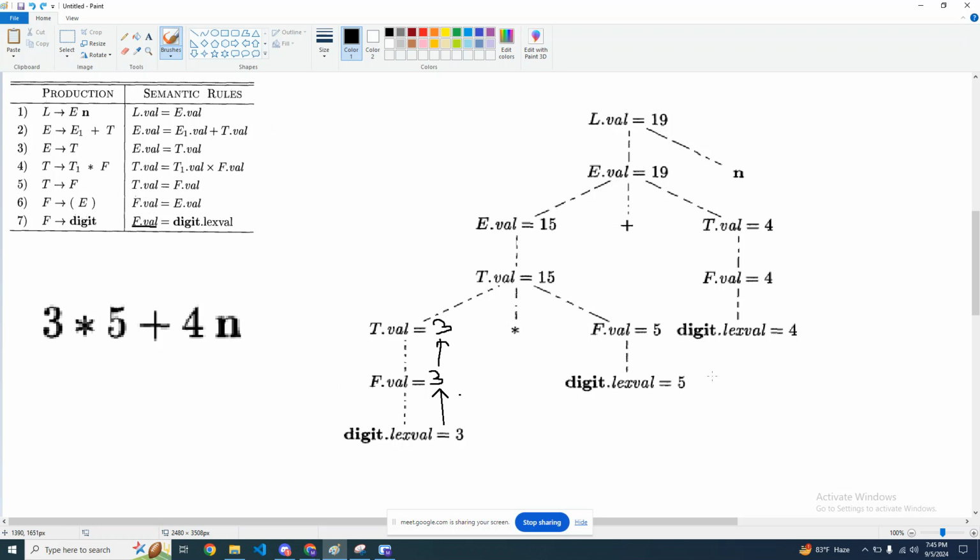If you look at the production rules and semantic rules, we can use digit dot lexval to calculate the value for F using this rule. So we calculate F dot val by using digit dot lexval. We draw an arrow from digit dot lexval pointing towards F dot val, and the value will be 5.